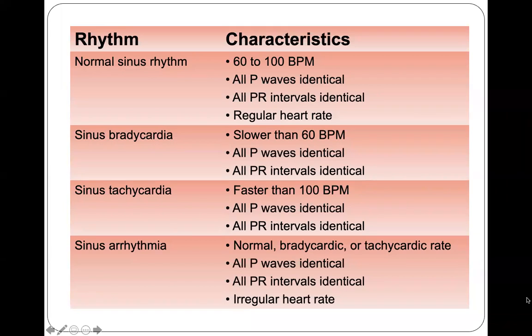Sinus tachycardia is identical, except the rate is greater than 100. And a sinus arrhythmia is identical, except the rhythm is irregular. Then we can have a bradycardic sinus arrhythmia, a tachycardic sinus arrhythmia, or just a sinus arrhythmia.